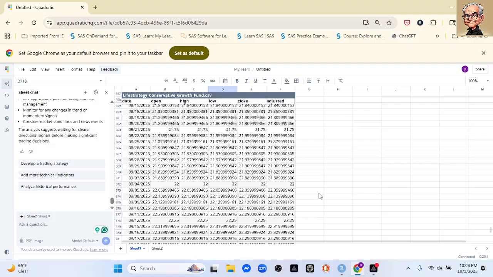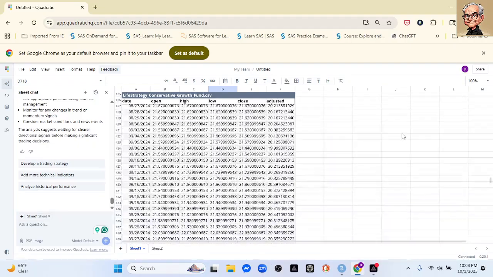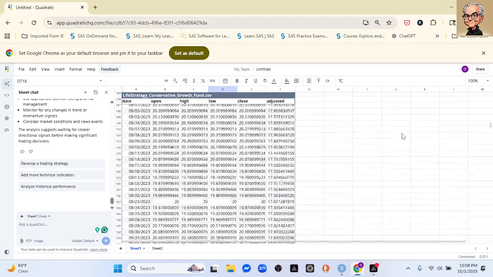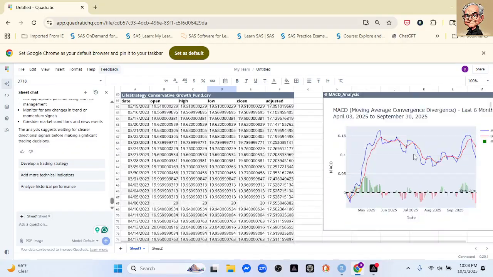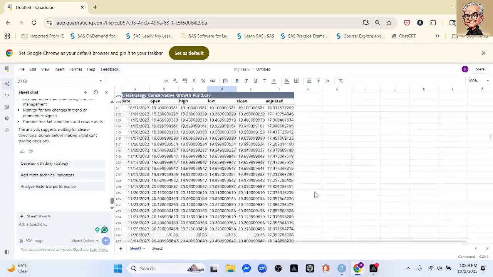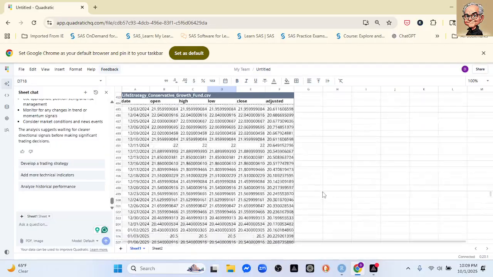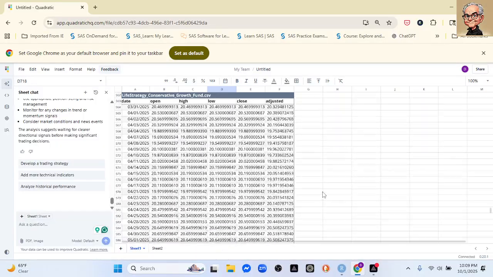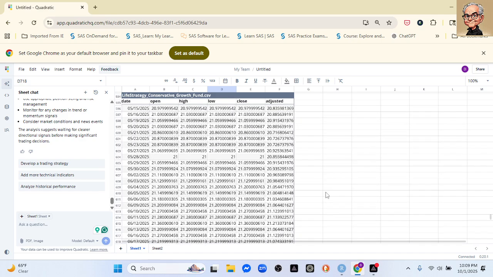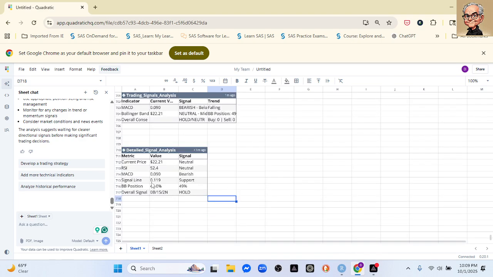Remember back up here, someplace. See, back over here, the most recent signals were bearish a little bit. Okay, so that makes sense. Right? Bollinger Band position 49%. Signal line support bearish. Overall signal hold. So to say an overall we should hold it.